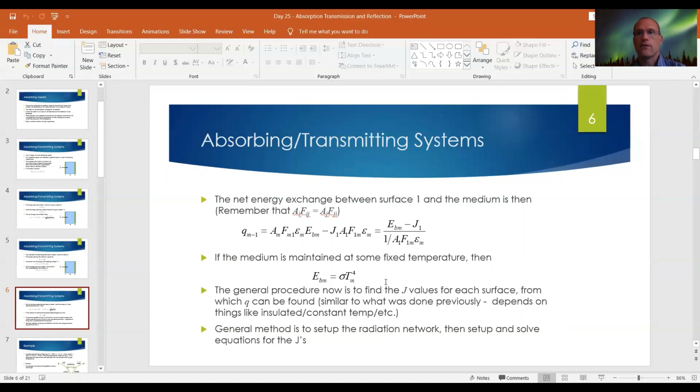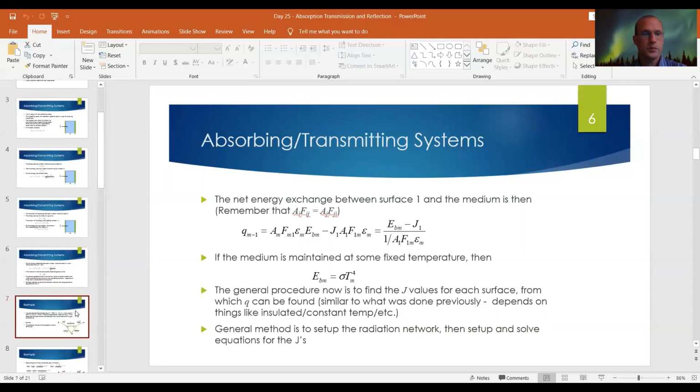And then of course my full radiation network depends on what else is going on, whether some of these objects are infinite, whether some of the objects are insulated. So again, general procedure: I want to solve for all my J's. Then from there I can find all my heat transfers.